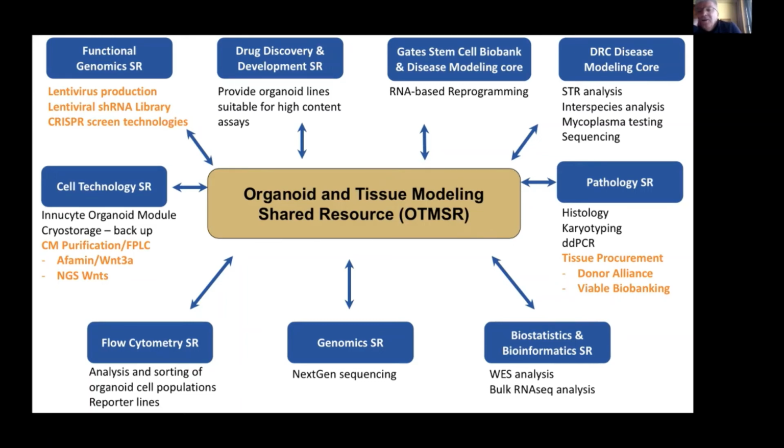And in orange here is things that we're really interested in further developing. For us, the pipeline is so important in terms of human tissues and tissue procurement. Audrey has been helping us with the donor alliance program, where hopefully we can get a lot of normal and potentially other disease tissues from donor patients.